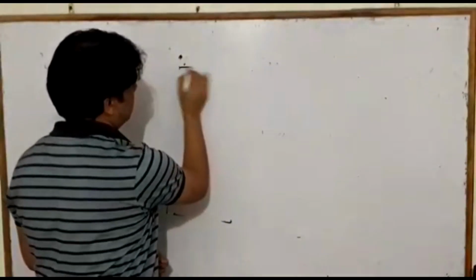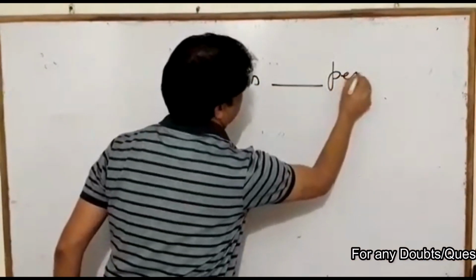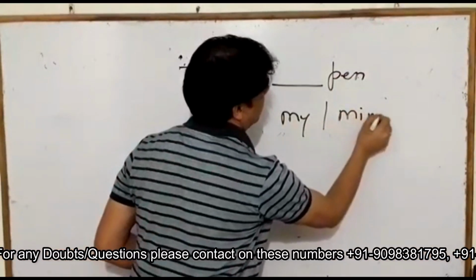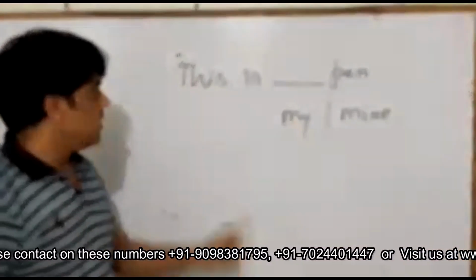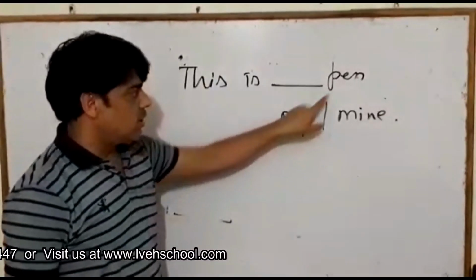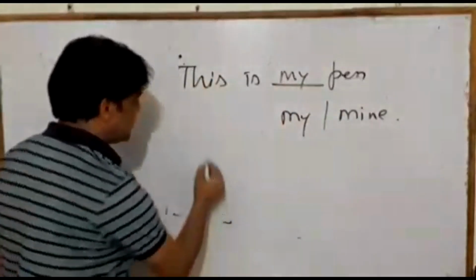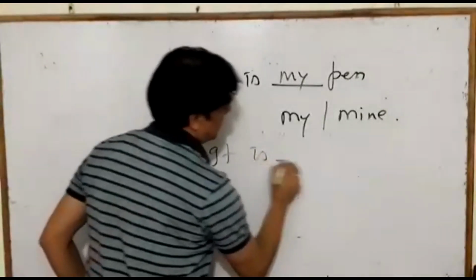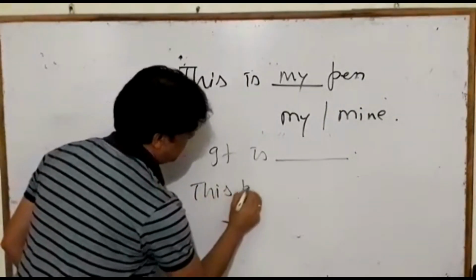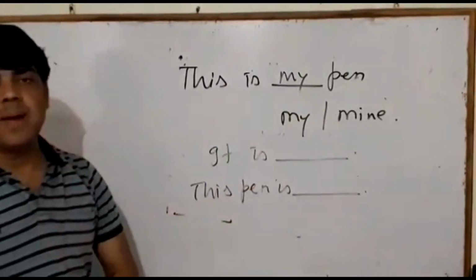Suppose this is a pen, and we have to fill in my or mine. This is my. We know very well why my, because the noun is given: my pen. If I say, in two sentences we have to fill my or mine.